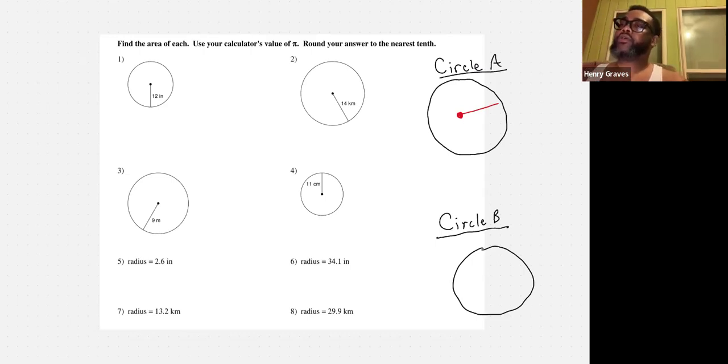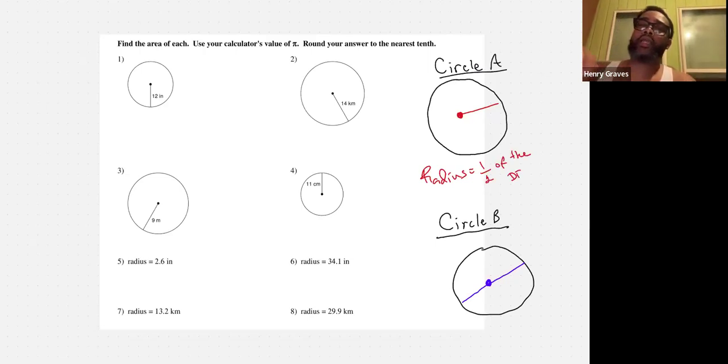So obviously, circle A has a much shorter line than circle B. The one in red here is called the radius. What you have to know about the radius is that it is half of the diameter. And of course, that leads us down to our guy here on the bottom, the one in purple, the purple line.